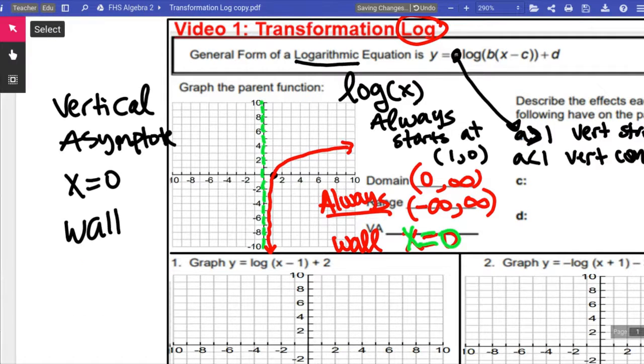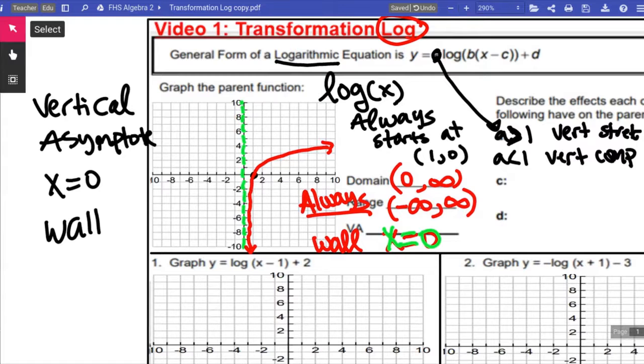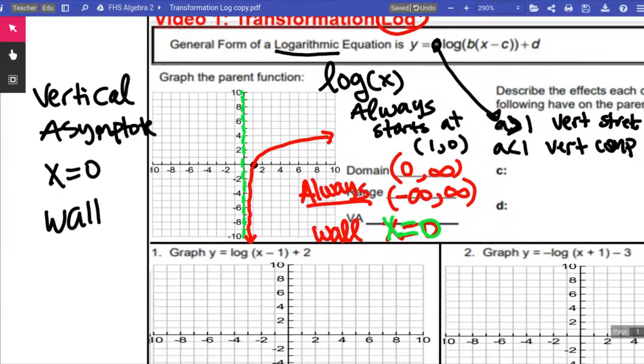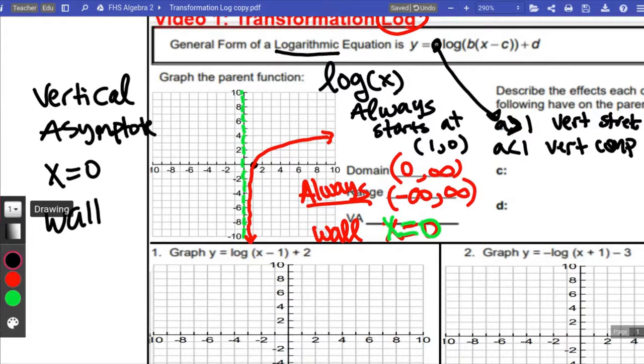Just remember those. C, when it's positive, we go to the left. If it's negative, to the right. Same thing with the value of D. If it's positive, we go all the way up. If it's negative, all the way down.